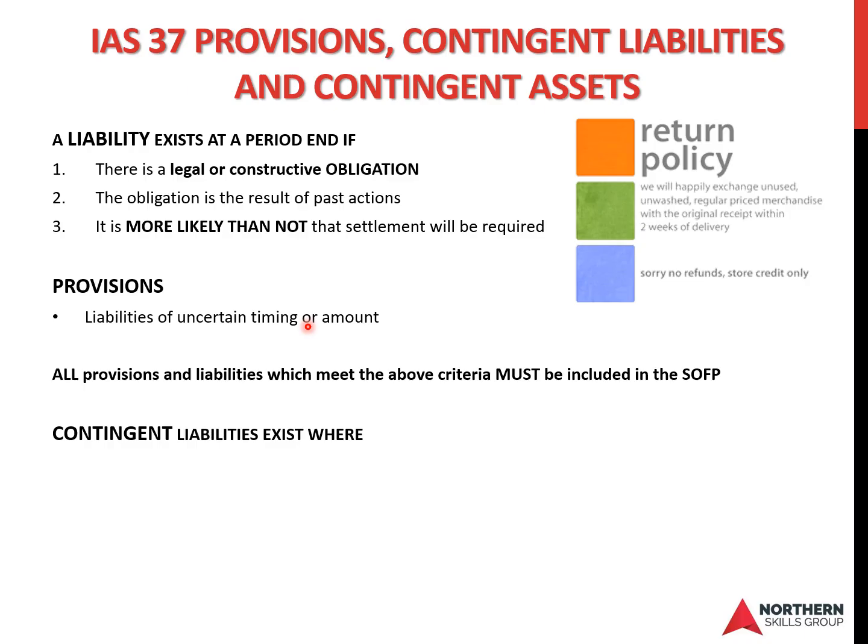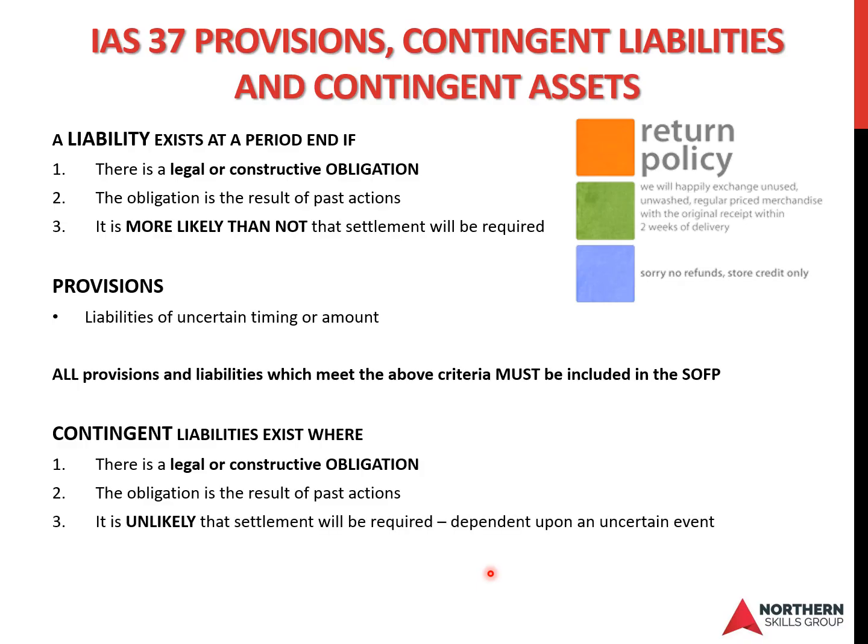Contingent liabilities are pretty much the same, with one difference. There's still got to be a legal or a constructive obligation as a result of past actions, but if it's unlikely that settlement will be required, then it's uncertain. It's a contingent liability depending on the outcome of an uncertain event.